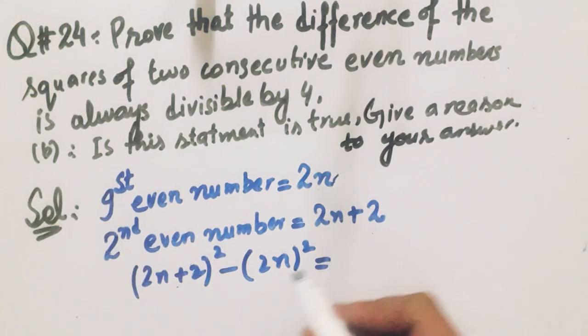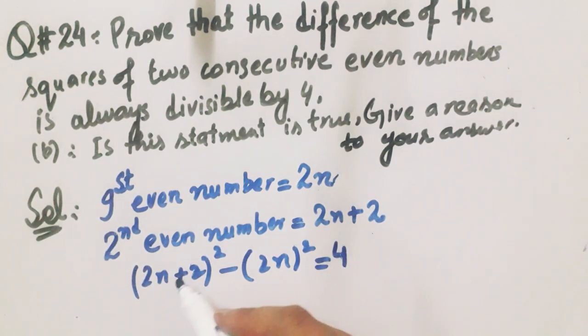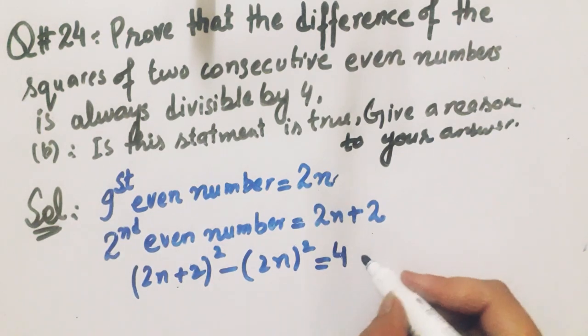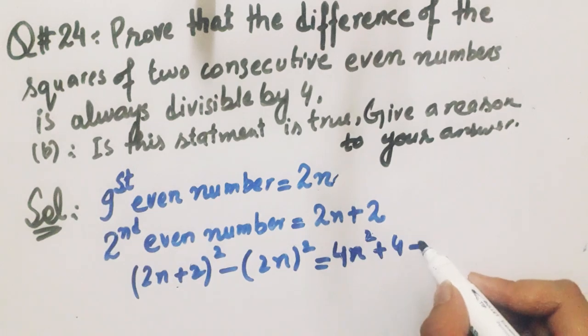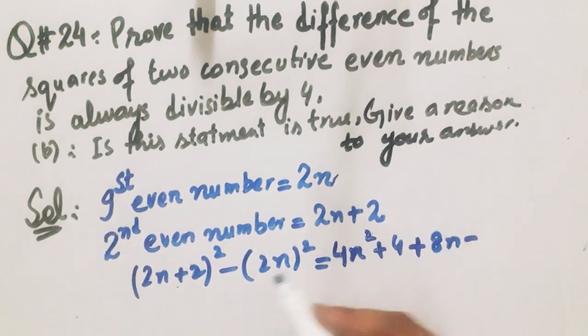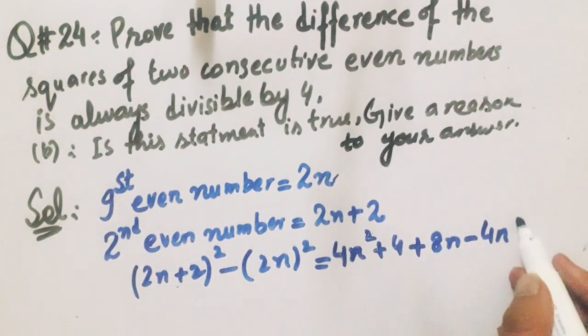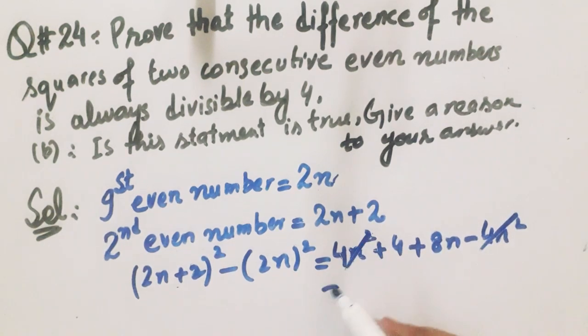So we will open the square. Here we apply the a plus b whole square formula. So 4n square plus 4 plus 8n and minus 4n square. So plus 4n square and minus 4n square both cancel out, and we have 4 plus 8n.